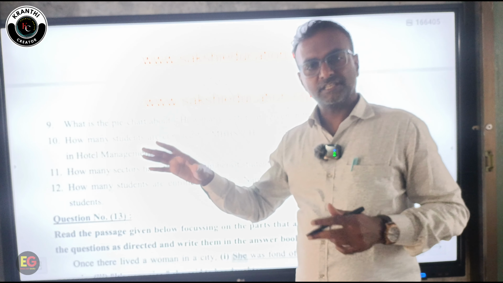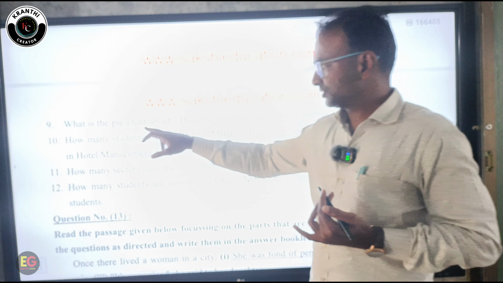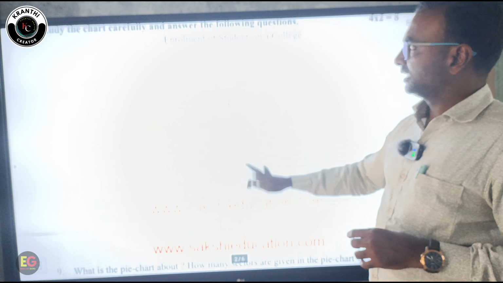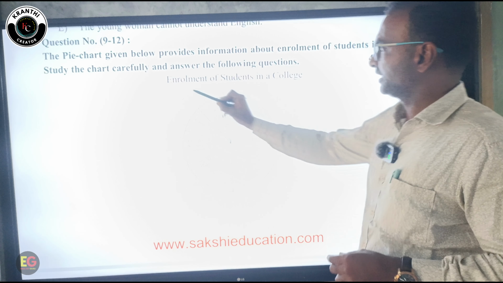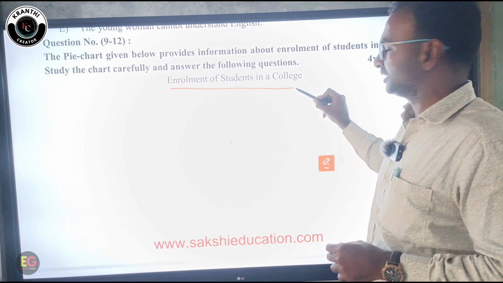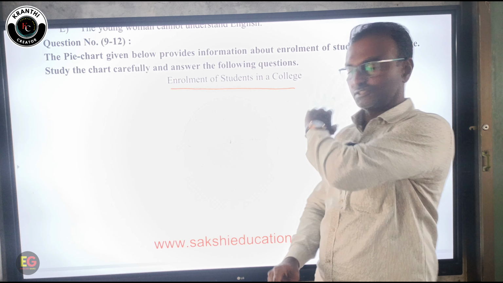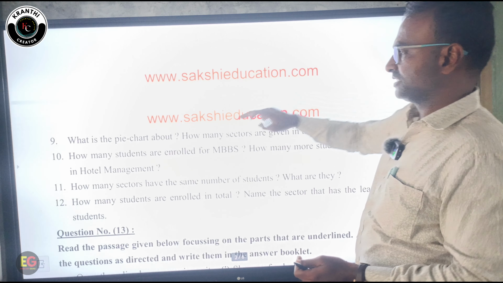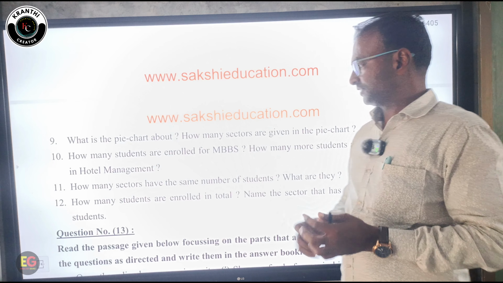So the first question is mostly what is the diagram about, or what is the pie chart about, and you can easily answer that because it is the heading that is definitely given at the beginning of the diagram. So this is enrollment of students in a college. So you can easily write the enrollment of the students.